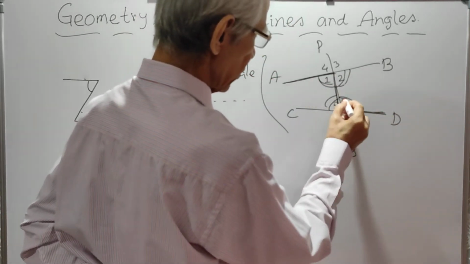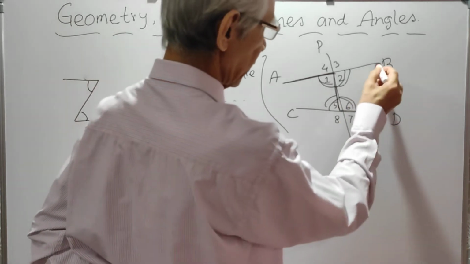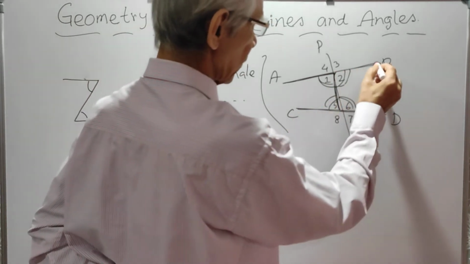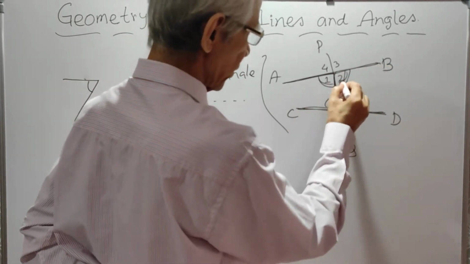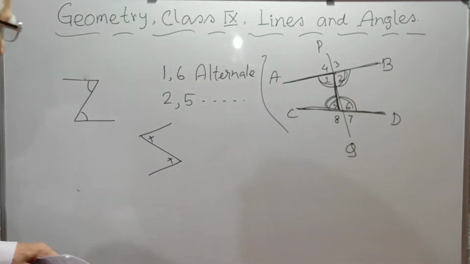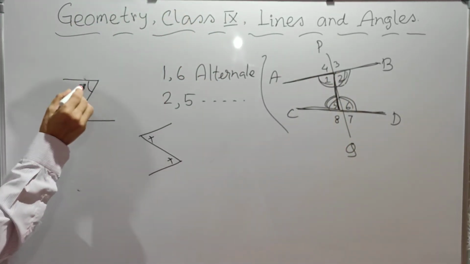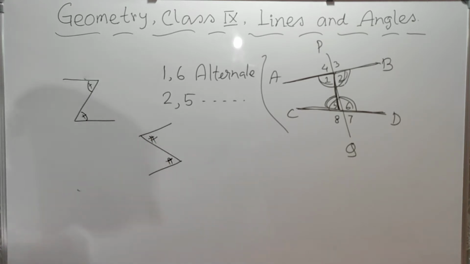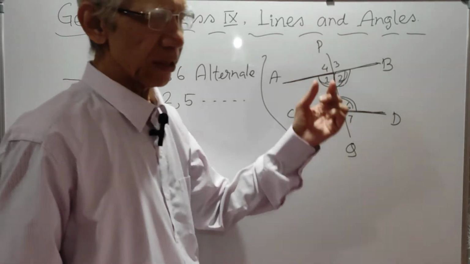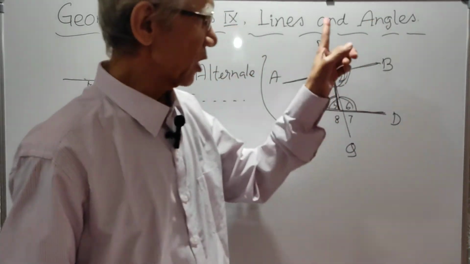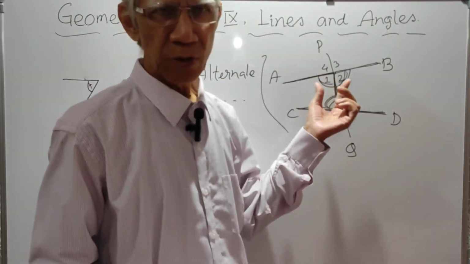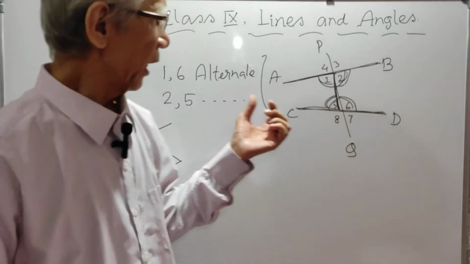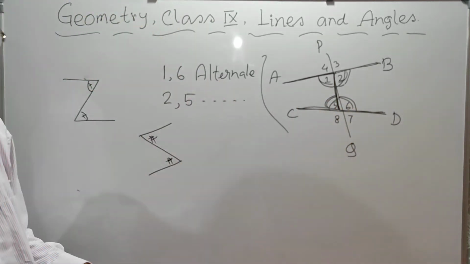So this one and this one are alternate angles. Then another. So this one and this one are alternate angles. So if you see the letter Z, this and this are one pair of alternate angles, and this is another pair of alternate angles. So when 2 straight lines are intersected by a transversal, what do we get? We get 2 pairs of alternate angles and 4 pairs of corresponding angles.